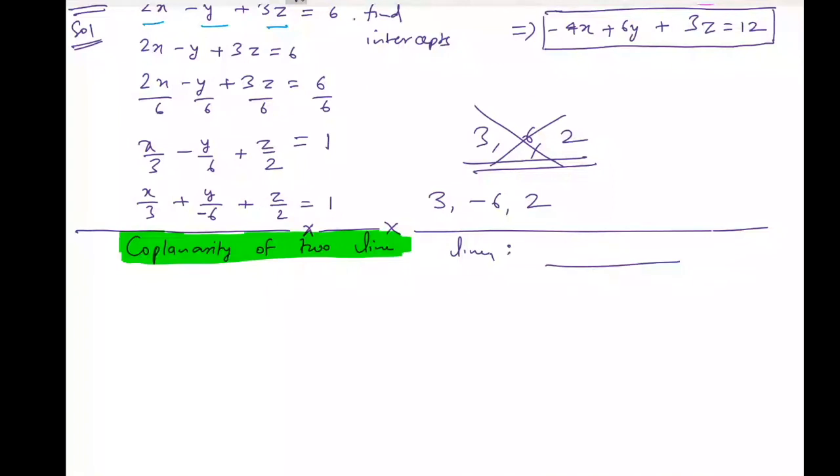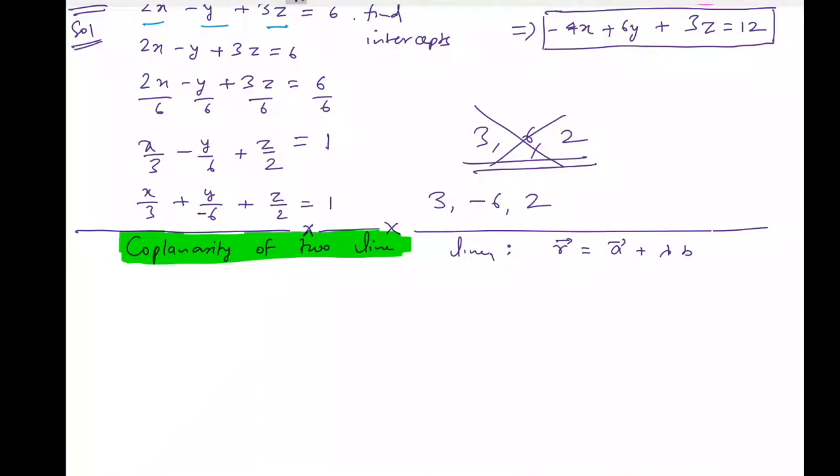What is its formula? Tanya, do you know the line? The line is of the type r vector equals a vector plus lambda b vector.